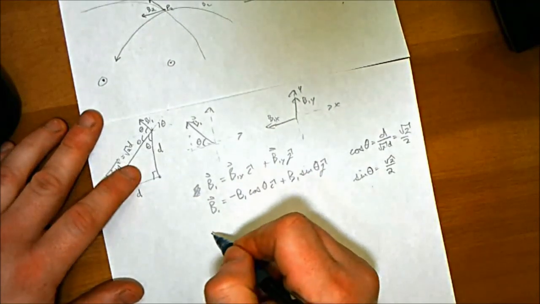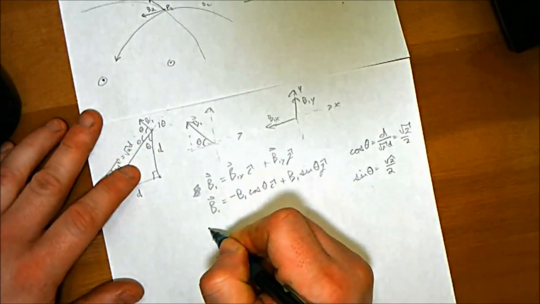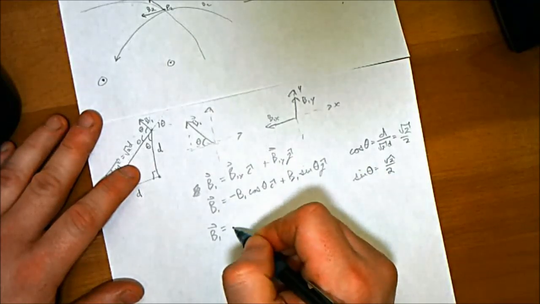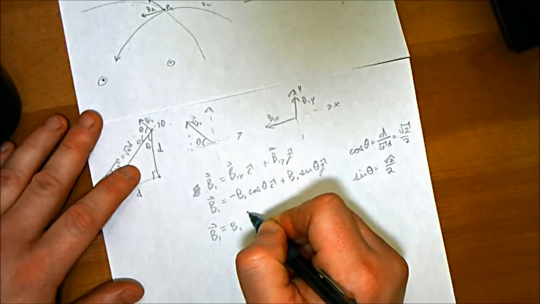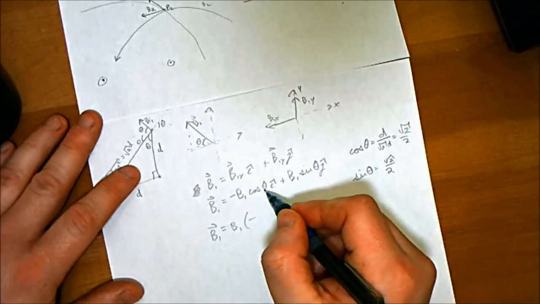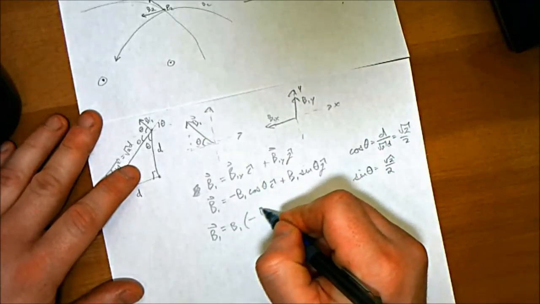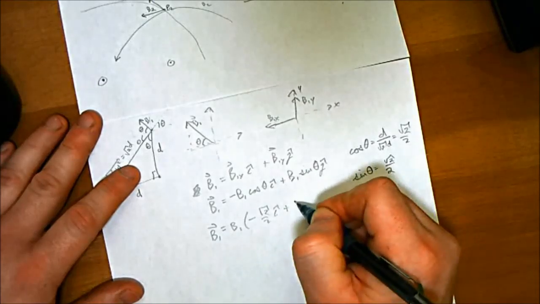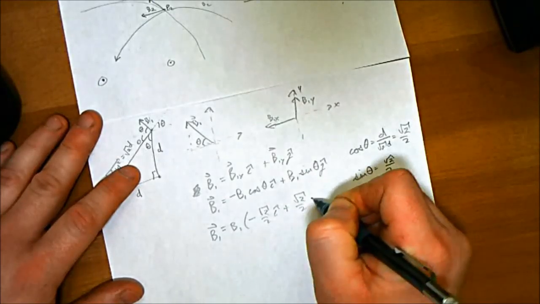Okay, so B1, I can factor out just this magnitude B1, and that leaves me with negative cosine of theta, which is root 2 over 2 i hat, plus sine of theta, which is root 2 over 2 j hat.